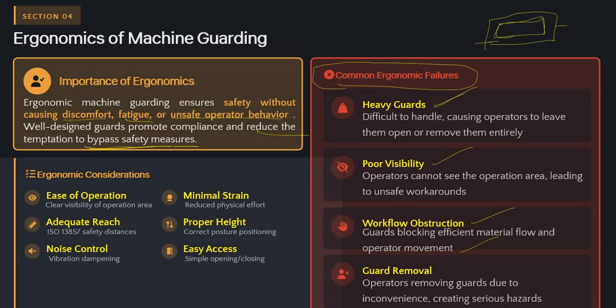So whenever you are making any kind of guard, keep these failure points in mind and consider them. It should be easy to operate, easy to remove, easy to fix. It should have clear visibility and adequate reach, meaning it should reach the safest distance, so people cannot reach the rotating parts.